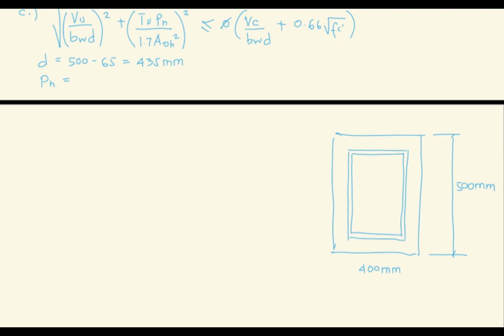So it is this distance that we need to determine, center to center of the outer stirrups. In this case, we only have one configuration of the stirrup. So this is 40 mm and this is 12 mm.